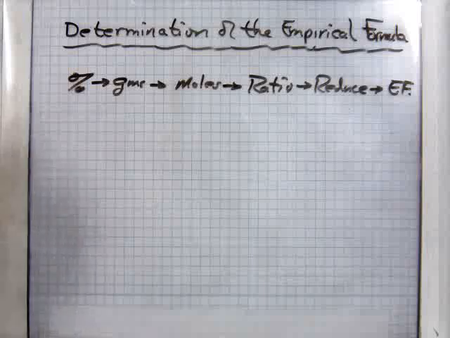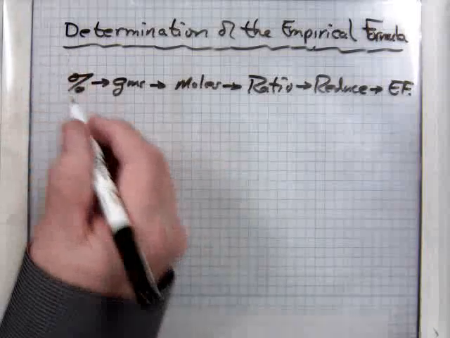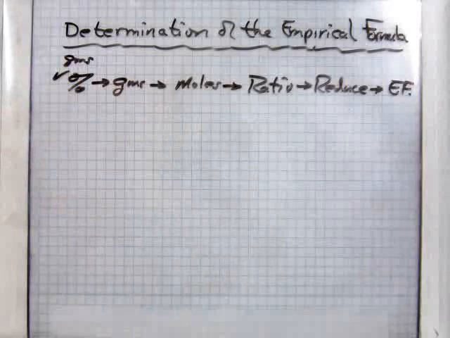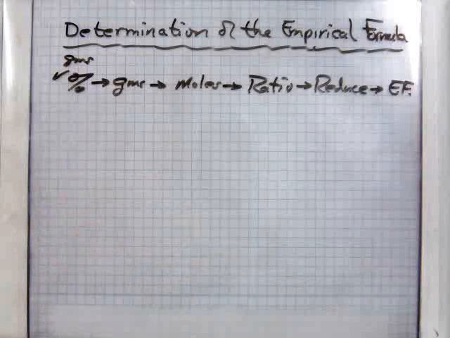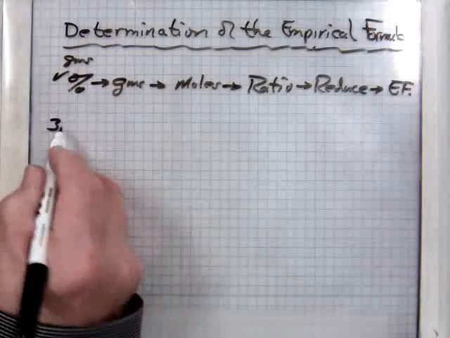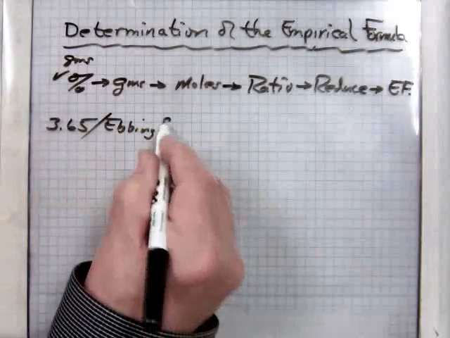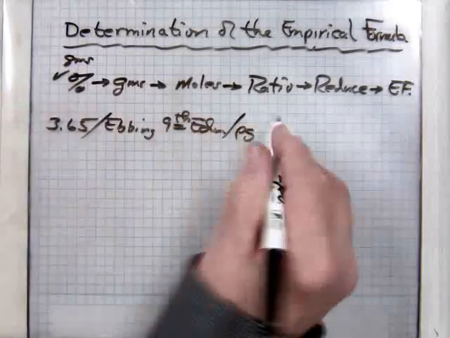Now, I explained this to you. Okay, as indicated, there are two kinds of problems that will come to you, one of two. You might start with grams over here, a compound and a mass of one of the components in a binary compound. For example, out of Ebbing, this is problem 365 in the 9th edition, page 119.